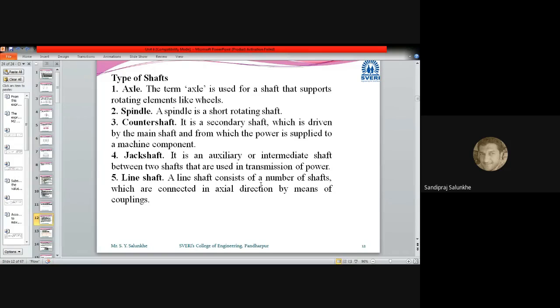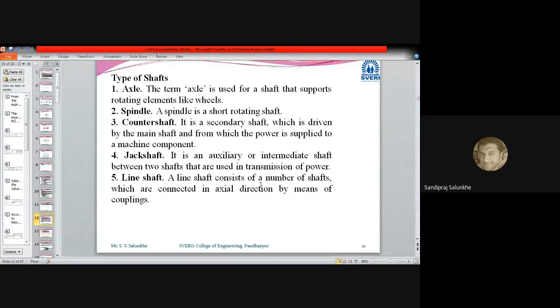It is normally known as a screw jack, because the shaft used in it has threads on it, so it is called a screw, and jack is nothing but support. So the shaft which supports two different main shafts is known as a jack shaft.